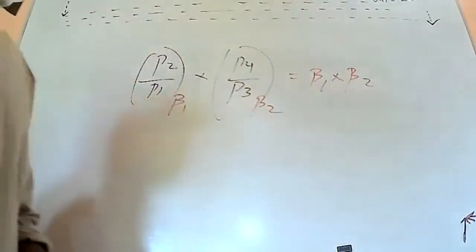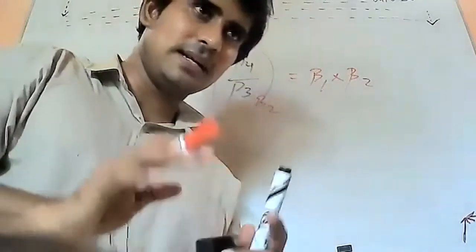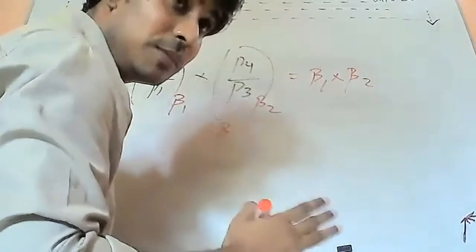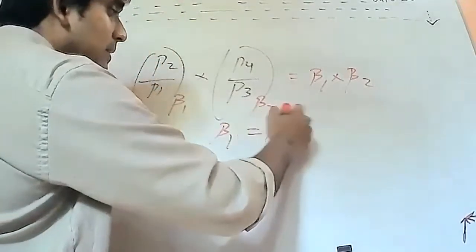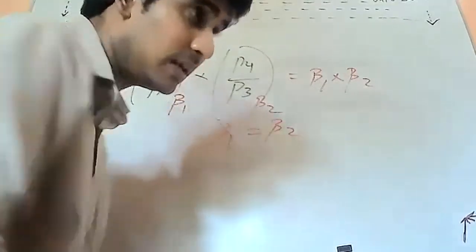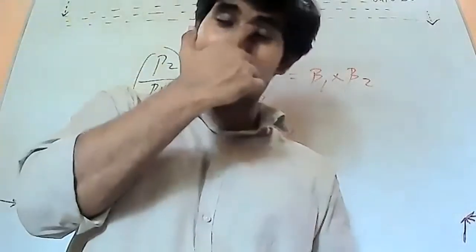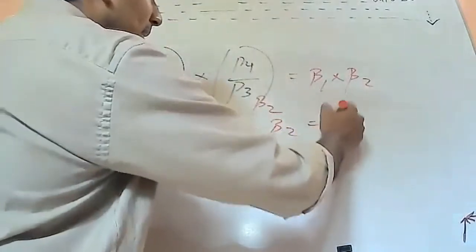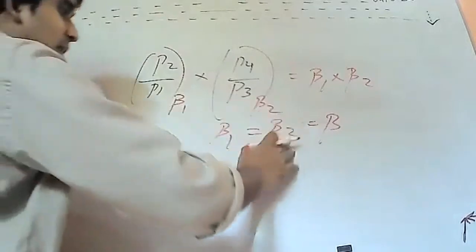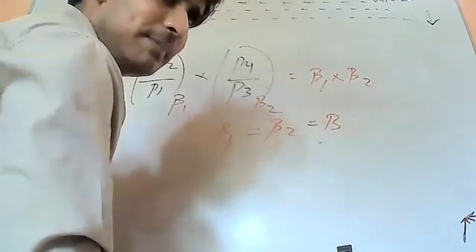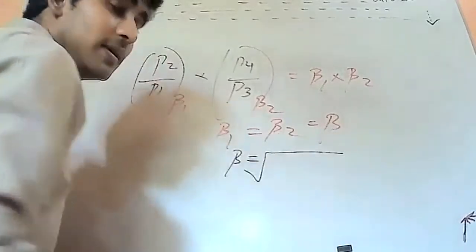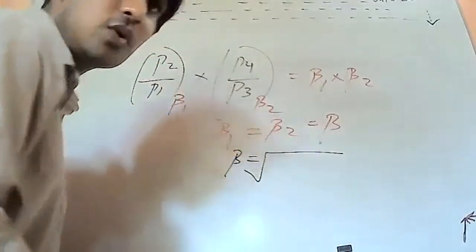But when you consider the perfect intercooling scenario, with optimum pressure in between, that means beta 1 equals beta 2. I'm not going to give the proof for that; I will explain it in another video. So beta 1 equals beta 2 equals beta. What is that beta? That beta is the root of the overall compression ratio.